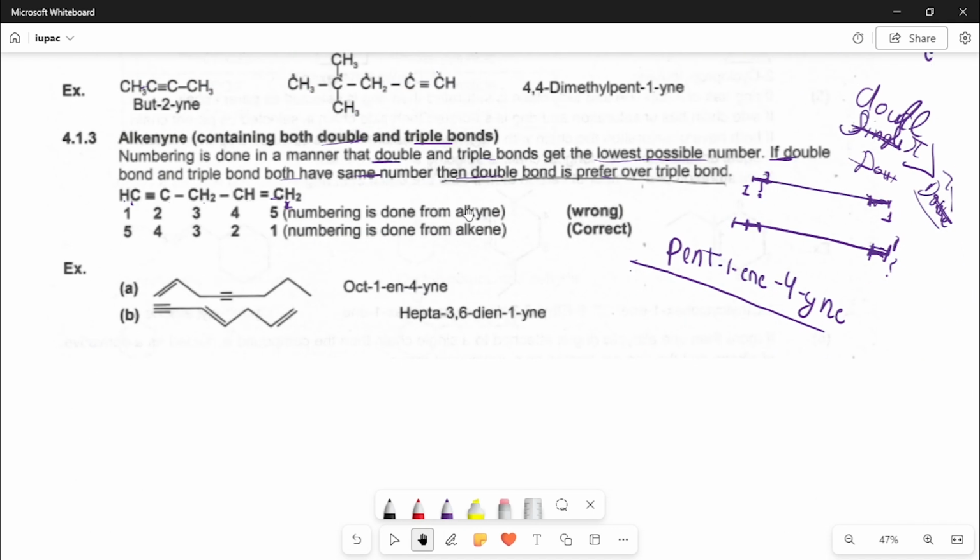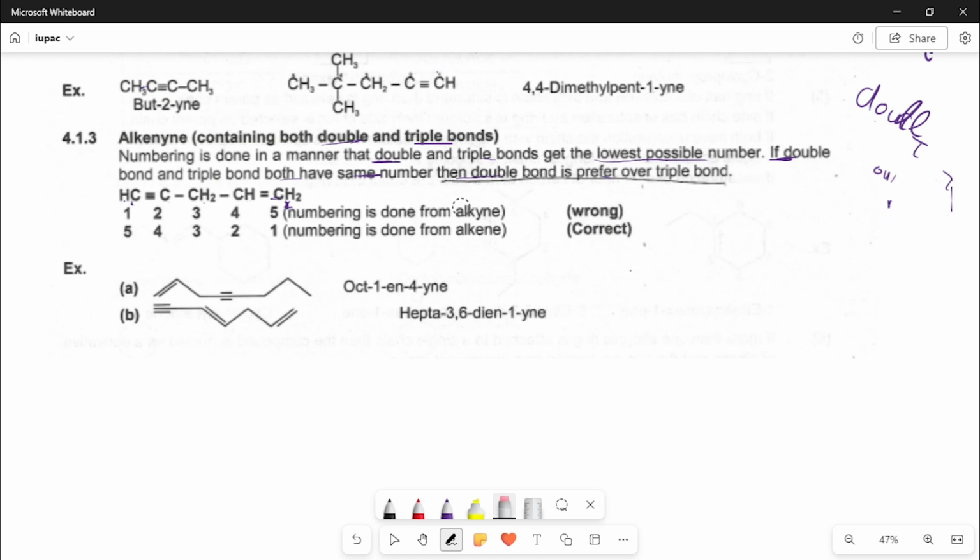So moving further. This one is quite a hard one. You might not understand how many carbons are there, but let me tell you. First carbon is here. This is a double bond. Second carbon is here. Third carbon is here. Fourth carbon is here. Here it's a triple bond. See, two pi bonds.